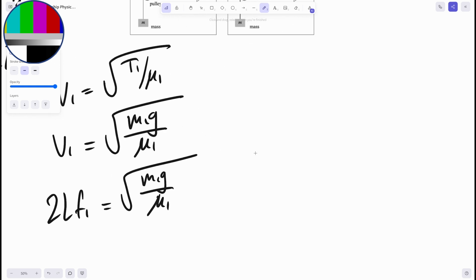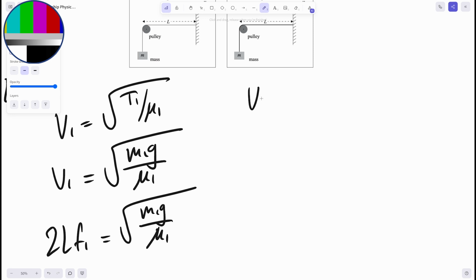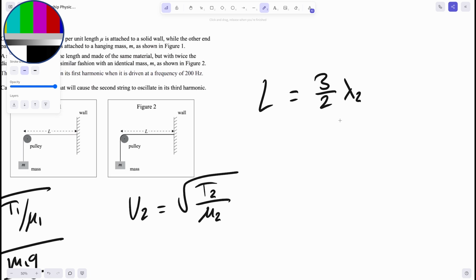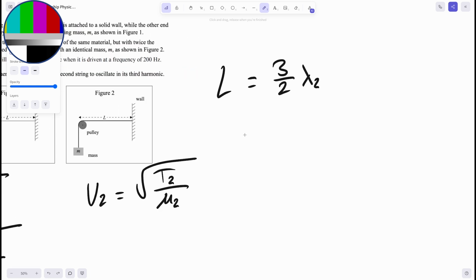So we can leave that here for now and let's move on to figure 2. V2 is equal to the square root of T2 over mu2. As we're dealing with the third harmonic, we know the length is equal to 3 over 2 lambda 2, lambda 2 meaning the wavelength of the second figure. And so the wavelength of figure 2 is equal to 2L over 3.